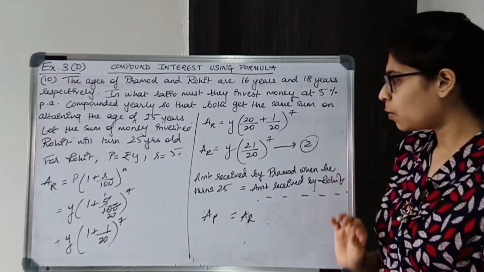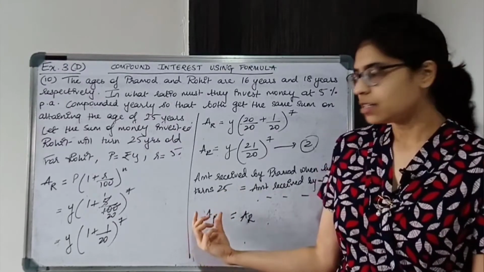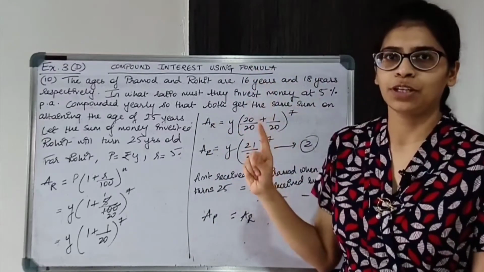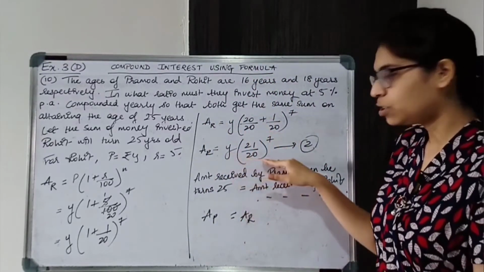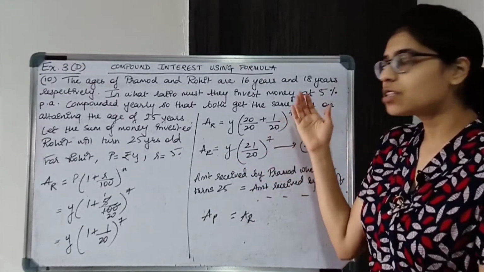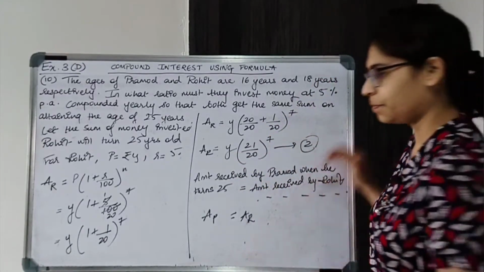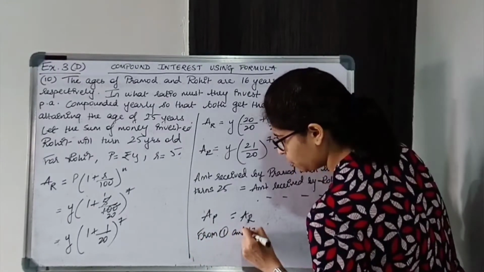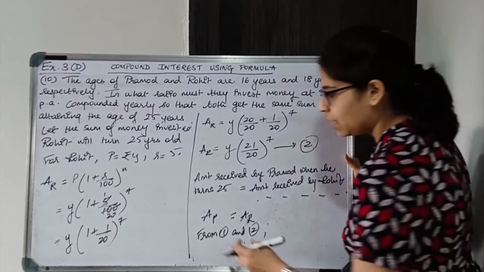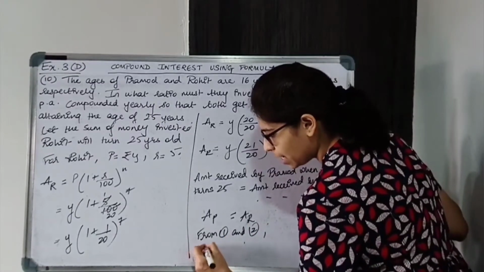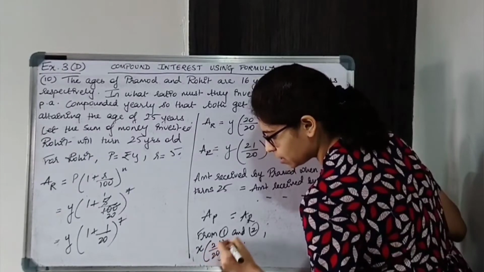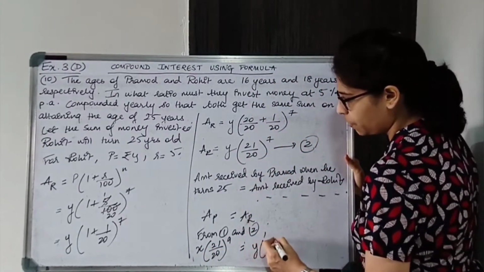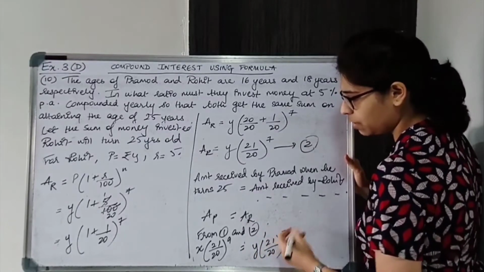Okay, now AP is nothing but x into 21 upon 20 raised to 9. Okay, we had got that from equation 1, and AR is equal to this. So from 1 and 2, just substitute the values of AP and AR. From 1 we had got AP is equal to x into 21 upon 20 raised to 9, and AR here we have y into 21 upon 20 raised to 7.